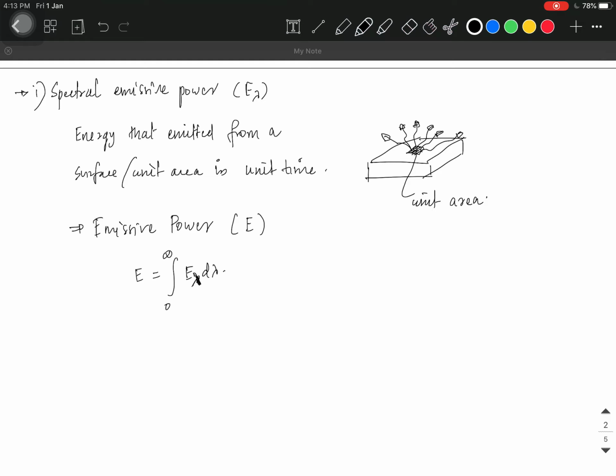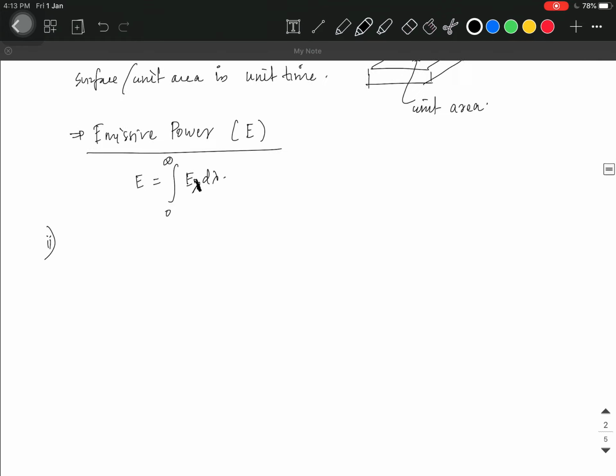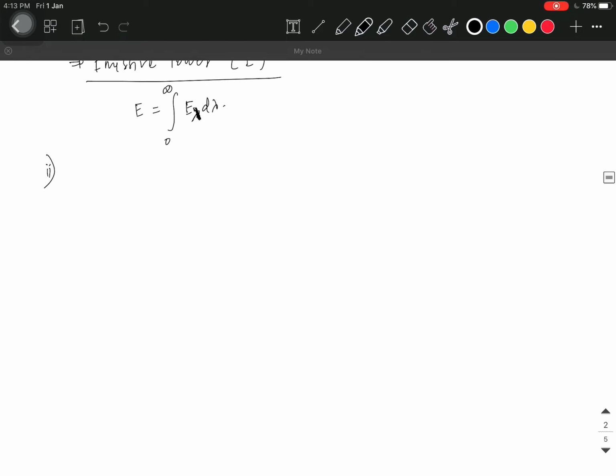Okay, so this can be written as integral 0 to infinity E lambda d lambda. So this is nothing but the emissive power of a body.